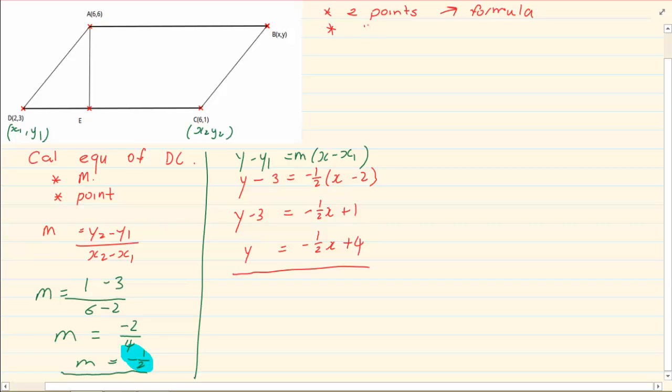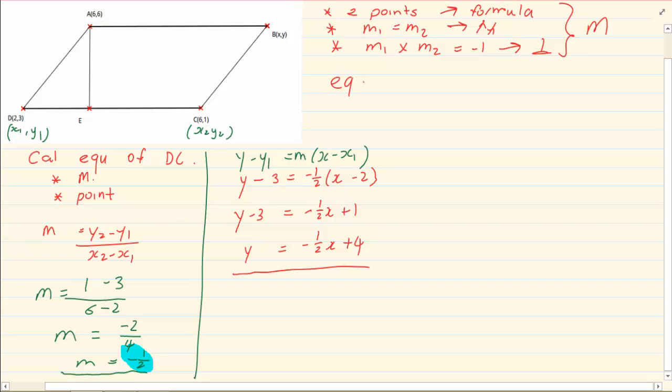Second, they can give you that it's parallel, and when it's parallel, then you know M1 is equal to M2. The last one is they can tell you that it's perpendicular, which means then you know M1 times M2 is equal to negative 1.